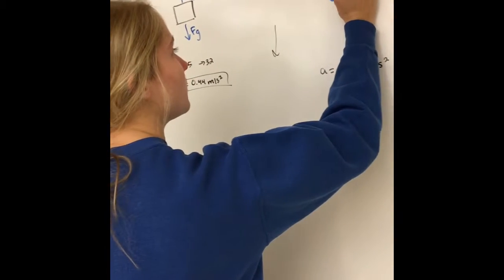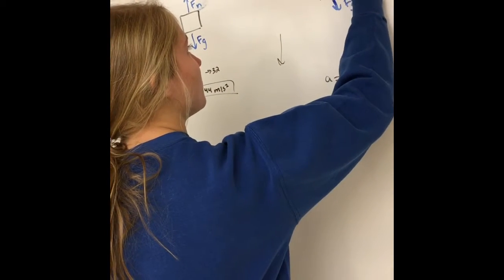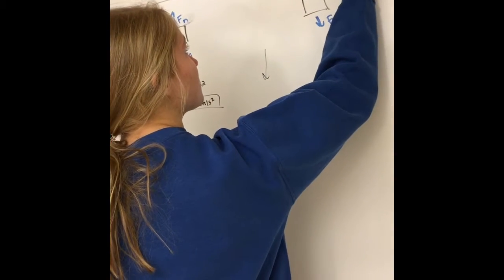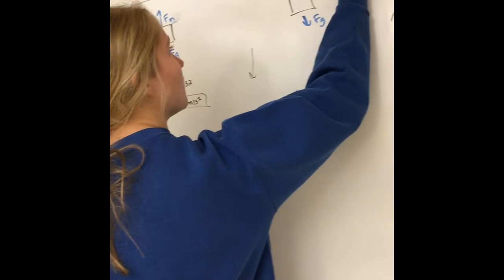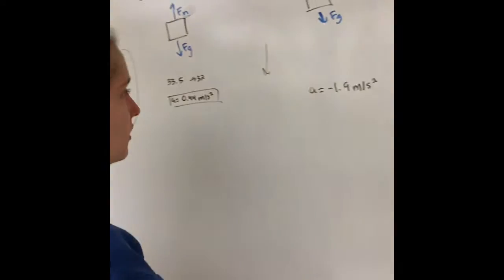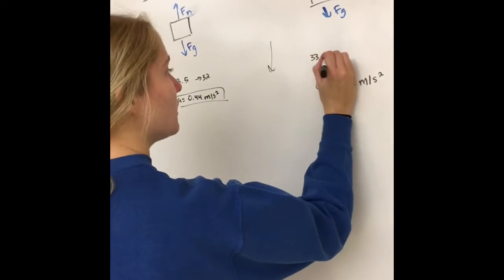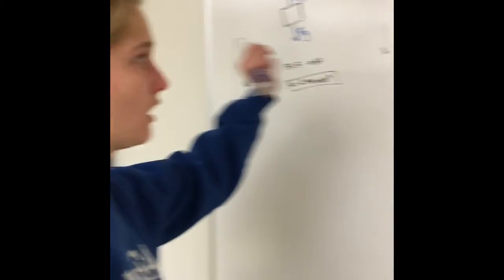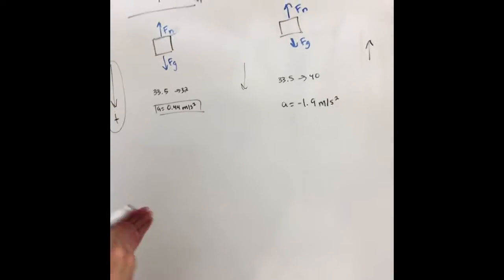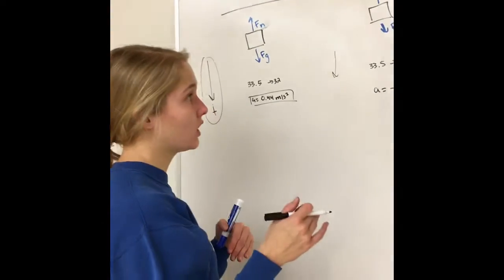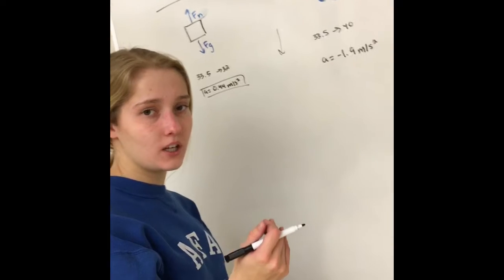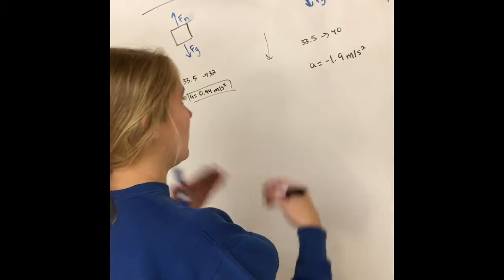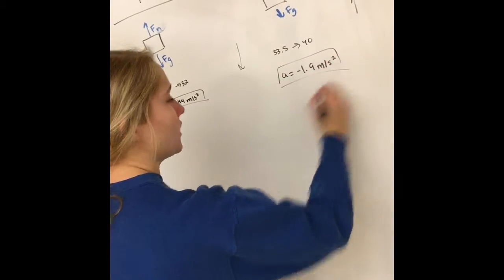So force of gravity, force of normal, and we are slowing. So we went from 33.5 to 40. So the force of normal had to do more work because it was working against gravity to be able to slow the elevator down, which is why the acceleration is greater.